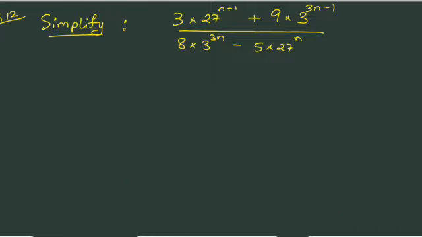So unlike the previous question, this question has two terms in the numerator and two terms in the denominator. So your first step will be factorization of numerator and denominator, and when you have a variable in the power, try to get a common base. 27, 3, 3 and 27: at these four places the powers are in variable, and these four numbers are some power of 3.